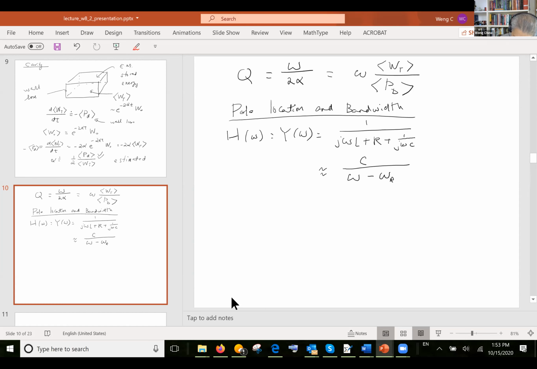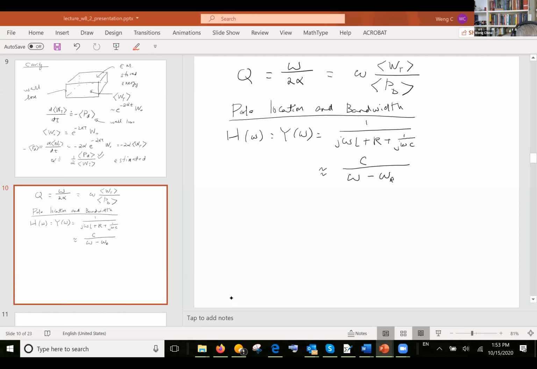Okay, omega r is a complex number. Can you see this, or you need me to elaborate on this? In the vicinity of the pole, there are two poles in this system, but in the vicinity of the pole, I can approximate the function as such. And if you are not clear as to what I mean, I can show it to you.